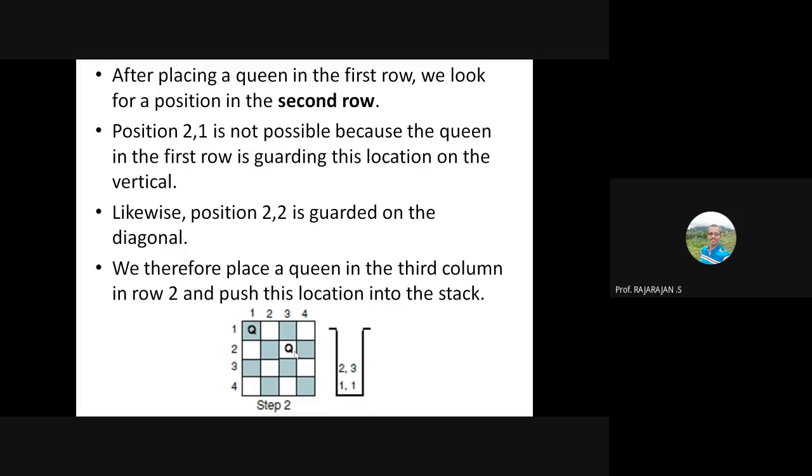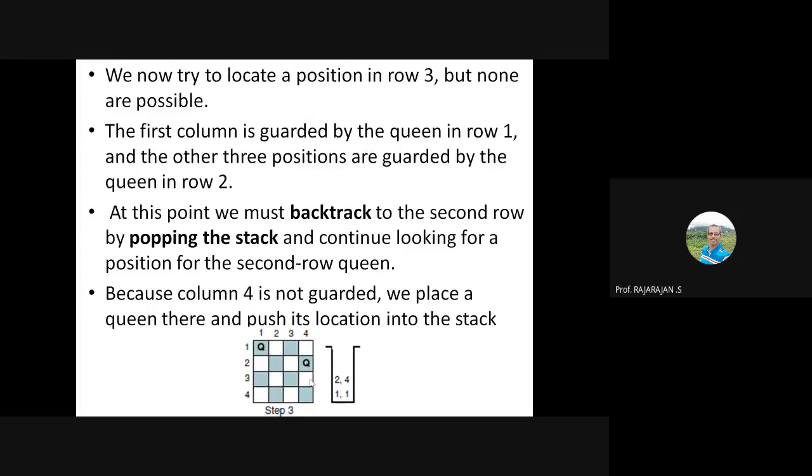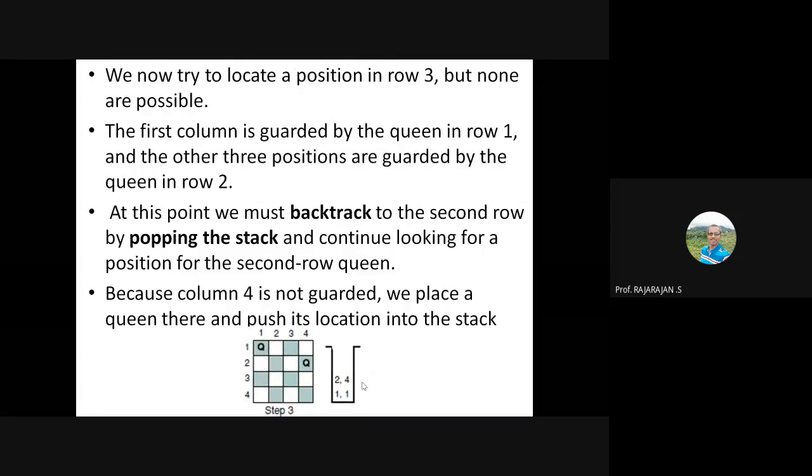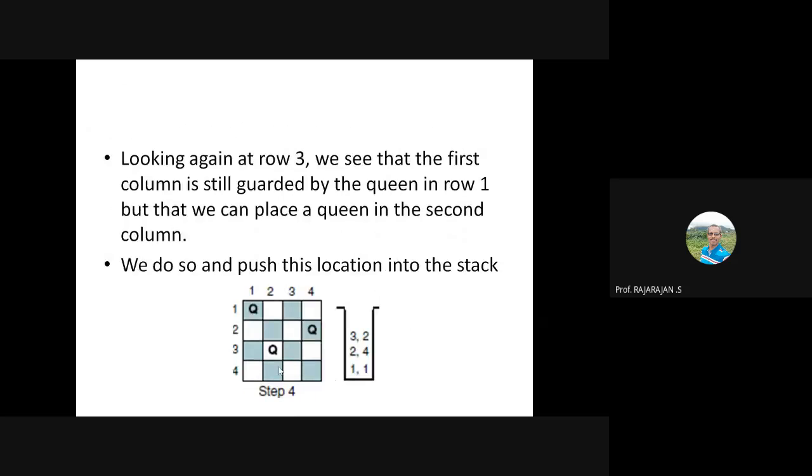We backtrack to the previous queen, that is the second queen, and change its position to the fourth column in the second row, and that is also updated in the stack. The previous element's position was removed from the stack, and the new position gets inserted into the stack. So we now look for a position for the third queen, and that is now available.